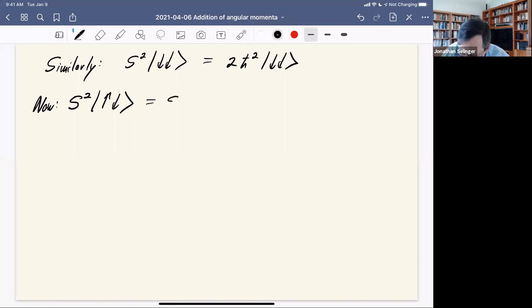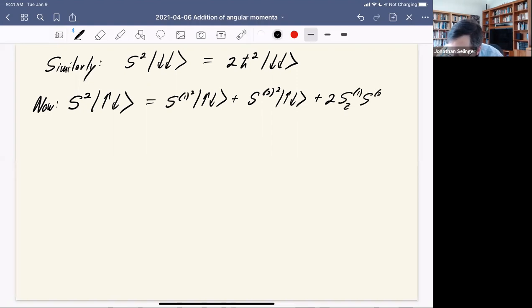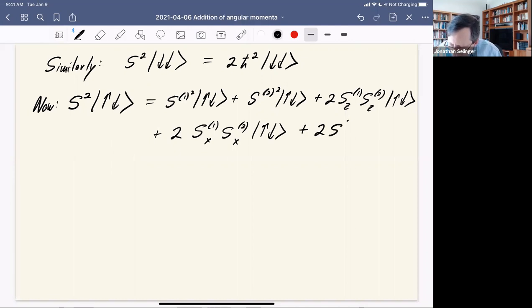So that's S1 squared acting on up, down, plus S2 squared acting on up, down, plus 2 S1z, S2z acting on up, down, plus 2 times S1x, S2x acting on up, down, plus 2 S1y, S2y acting on up, down. Okay, let's figure this out.